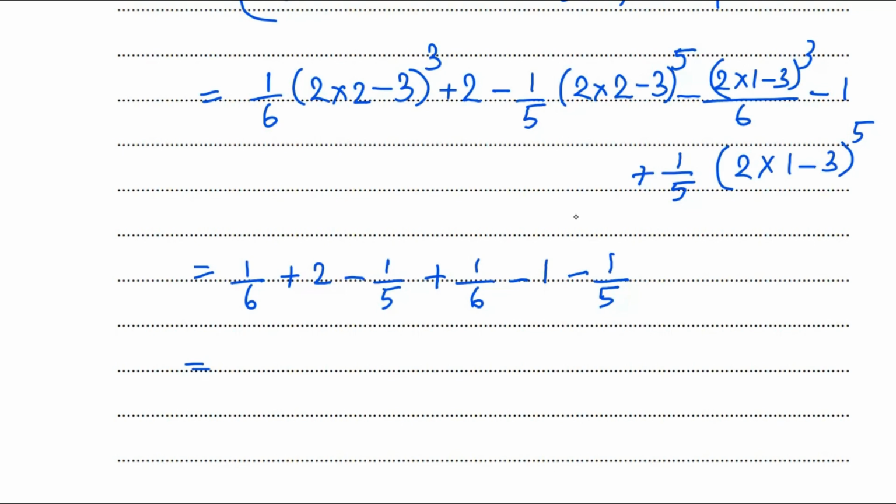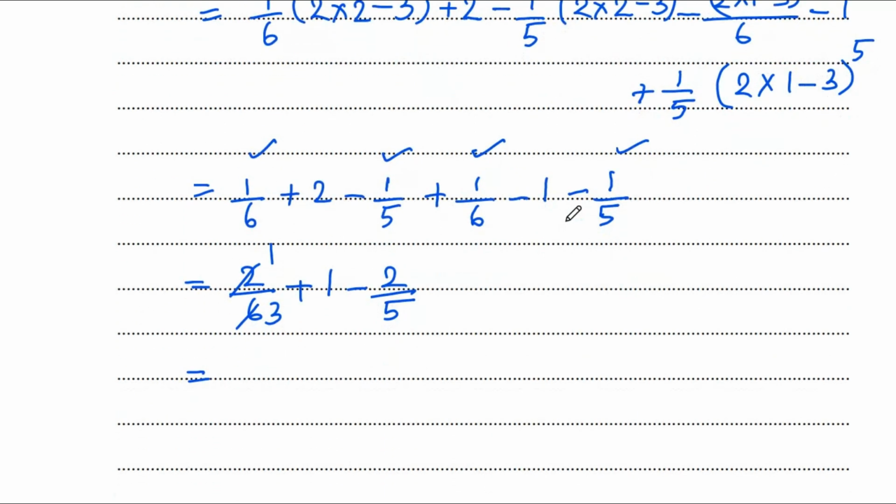So let's combine 1 over 6 terms. We have 1 over 6 here and here. So 2 times 1 over 6 is 2 over 6 plus 2 minus 1 is 1, and combine this negative 5 term. So we get negative 2 over 5, and this can be simplified as 1 over 3 equal to, let's take LCM, 15.